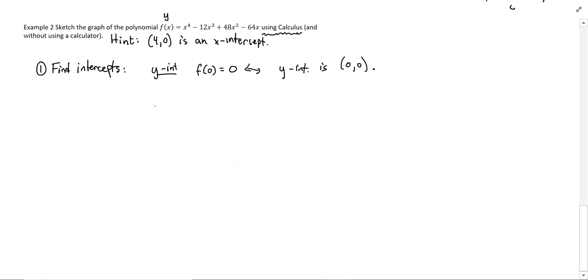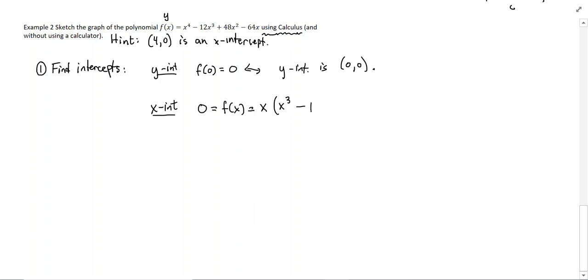And then the x-intercepts are to be found. We're going to set y equals 0 and solve for x. So we get the equation 0 equals f of x, which is all of that stuff. The first thing I notice is I can factor out an x from all four terms.